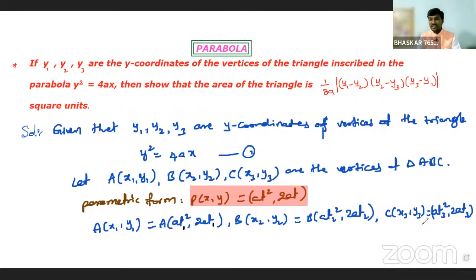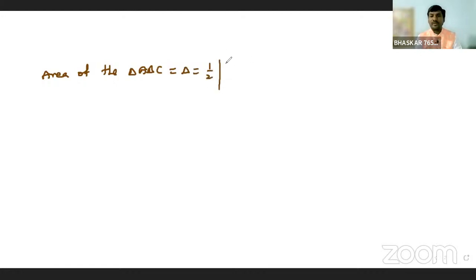The area of triangle ABC, delta, is equal to 1 by 2 into the determinant of x1 minus x2, x1 minus x3, y1 minus y2, y1 minus y3.